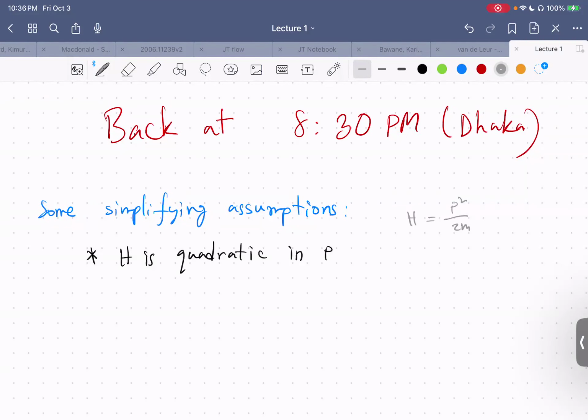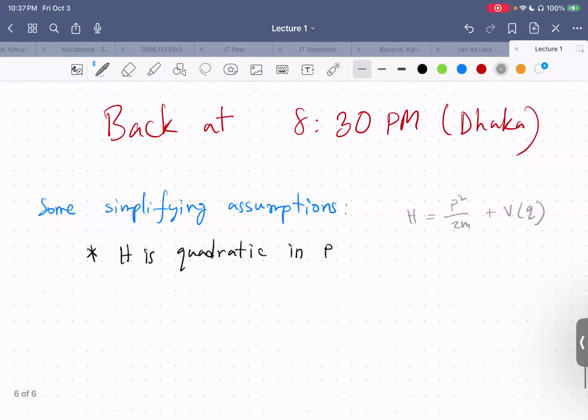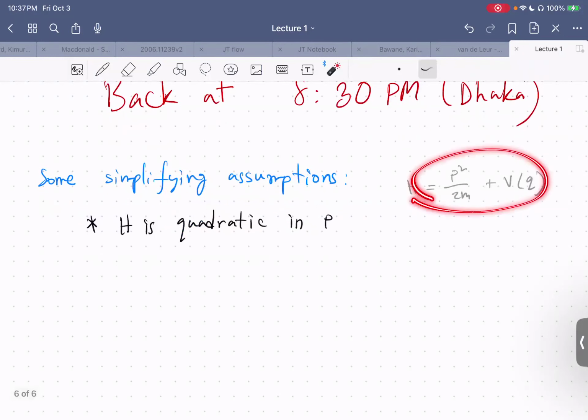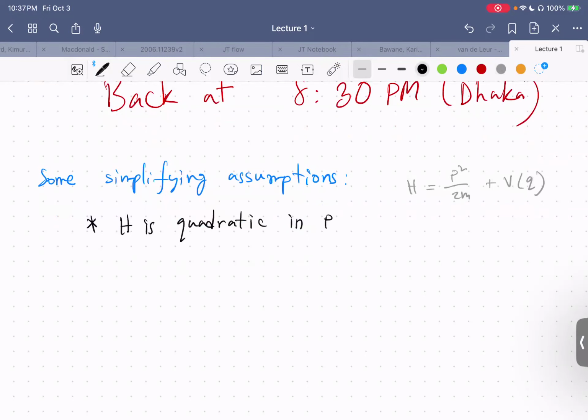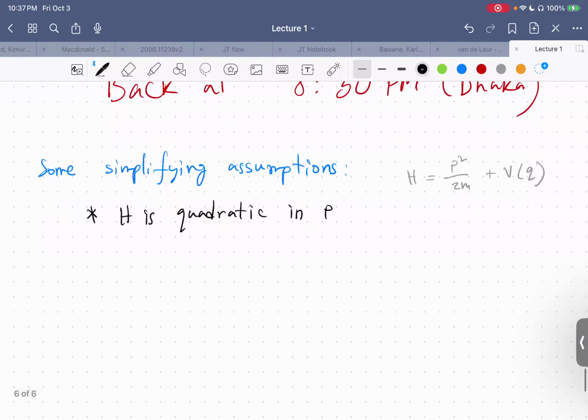Is there a question? Maybe not. So this Hamiltonian certainly satisfies this property, right? It's quadratic in P. And the other assumption I'm going to make is the same as before.